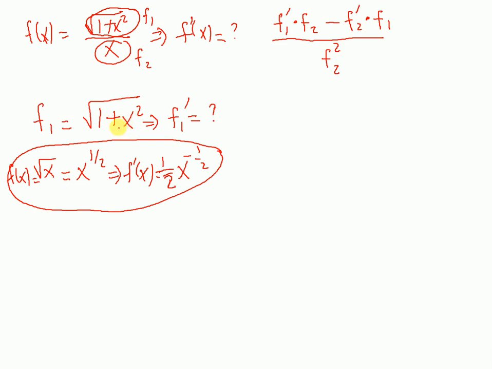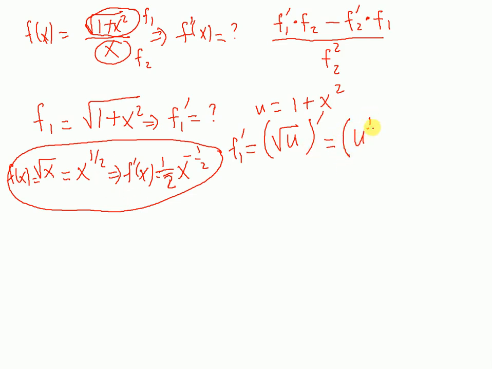So the thing is, you have to apply the chain rule. So what I do is I call u to be whatever inside function here, 1 plus x squared. Now what I have is what? Square root of u, right? And then if I take the derivative of this one, this is easy. This is the same thing here, right?